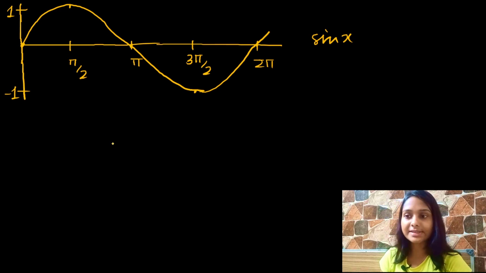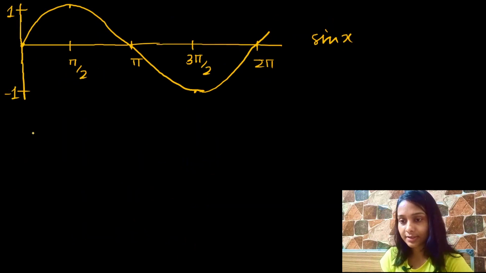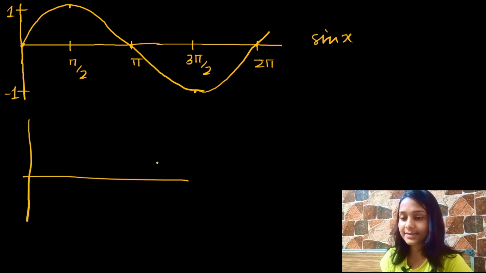Now what happens in case of sin 2x, and also the domain is defined as 0 to pi. So we need to only check that place. So sin x, pi, and there is pi by 2 and there is 0, 1, minus 1.